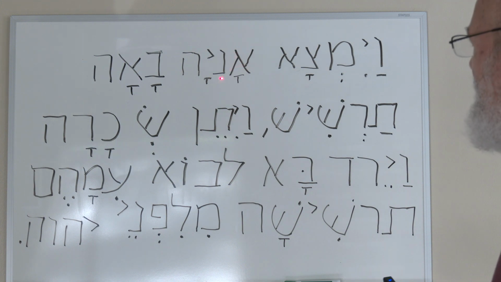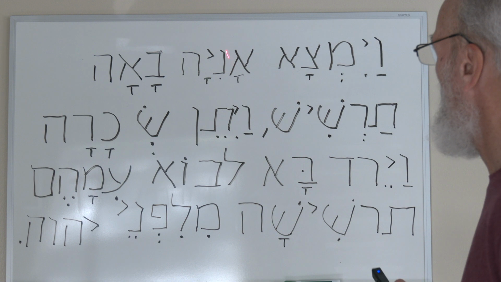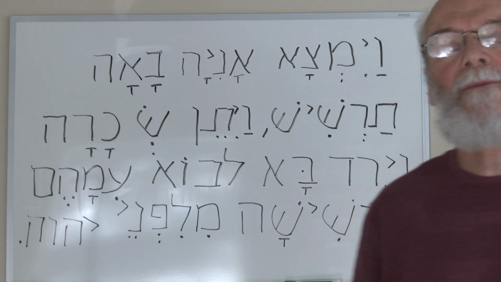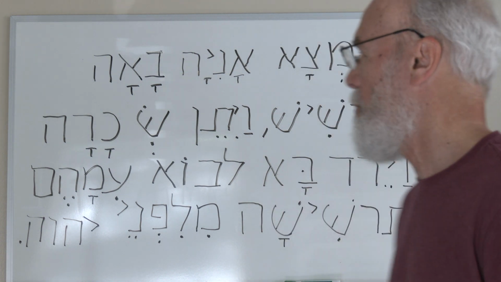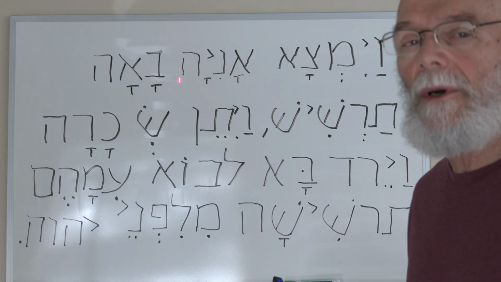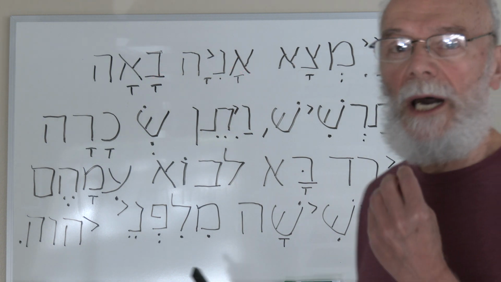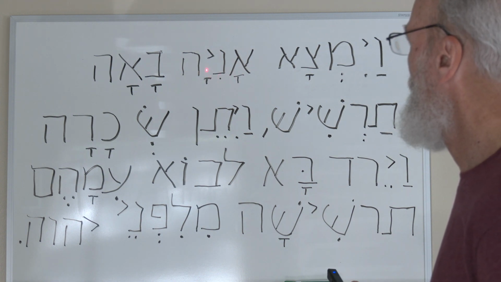And then Onia, a ship or a boat, and here it is, aleph, kamatz, which you would want to read as a, except there's a grammatical rule here to pronounce it as o at the beginning of a word. So this is vocalized Onia. Vayimsa Onia, a boat.